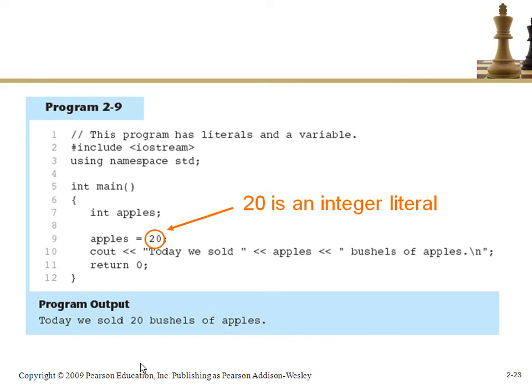In the next line, line 10, we are printing: today we sold 20 bushels of apples. Next line. I recommend you code this program and execute it and see how it works out.